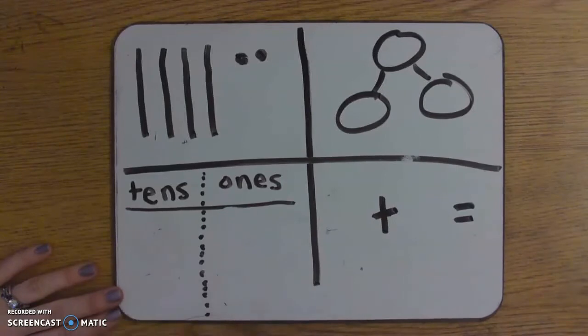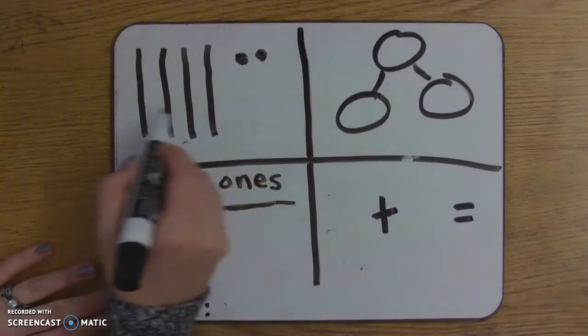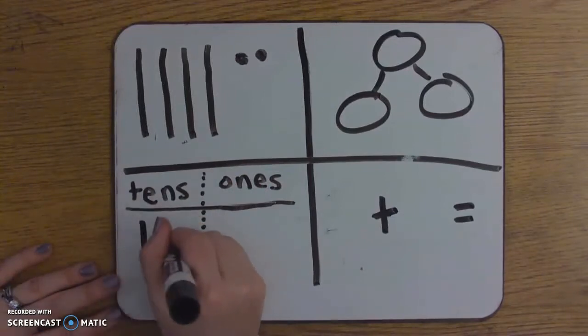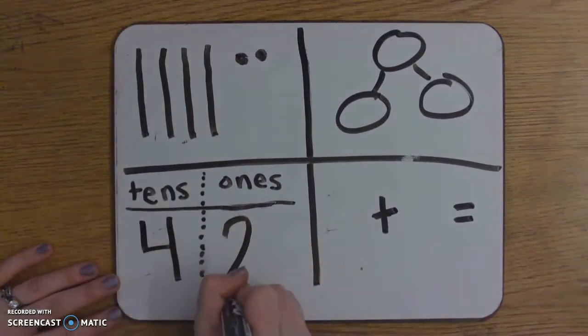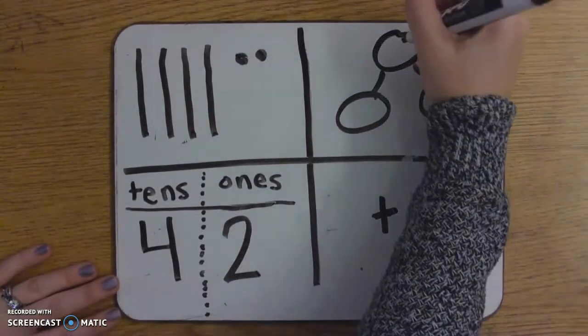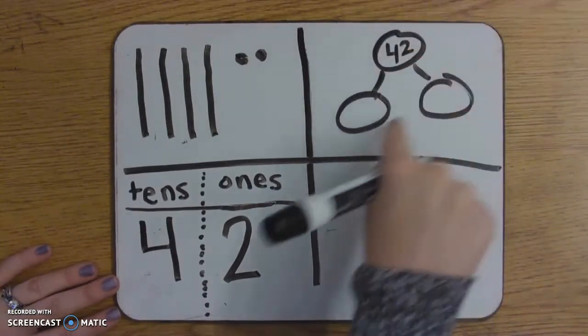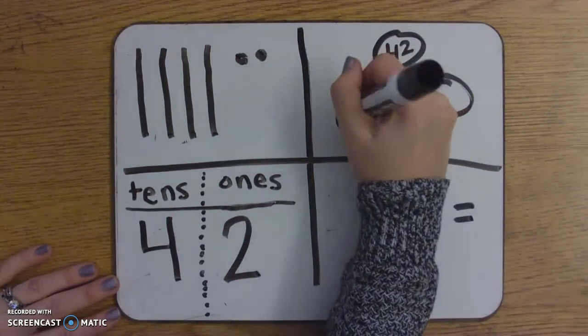Okay, I like to start with my place value chart because that's pretty easy. I can see 4 groups of 10 and 2 ones. And right away, that tells me our number is 42. So then I like to move over to my number bond. I have 42, and I'm going to split that into tens and ones.